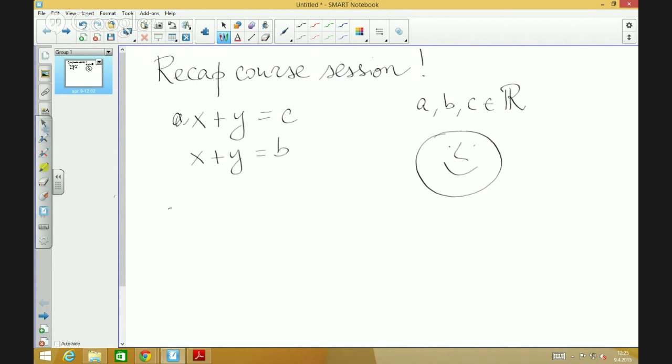And what is the augmented matrix that corresponds to this system of equations? A, 1, 1, A, 1, 1, 1 here. And here we write C and B, which are the two constant coefficients. Okay, so this is the augmented matrix.